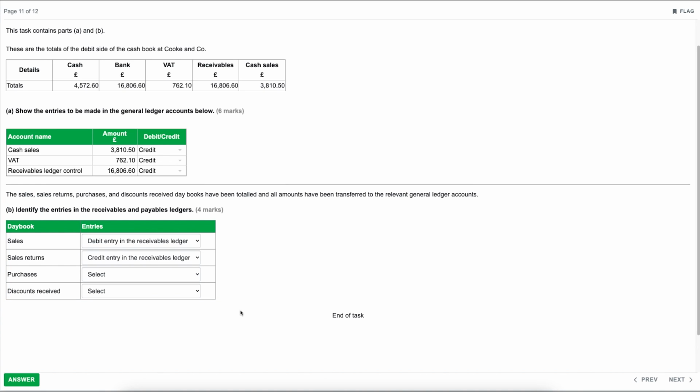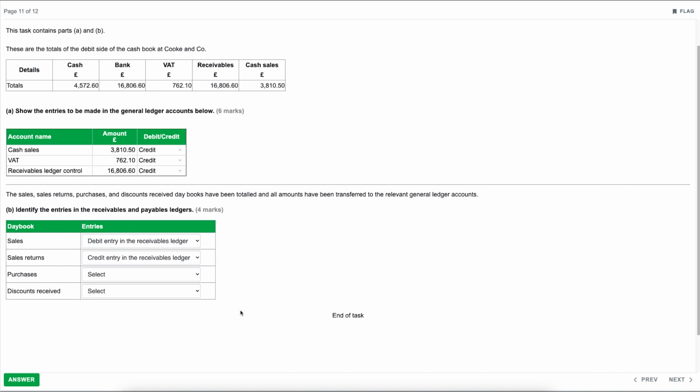Now, purchases and discounts received both relate to the payables ledger. A discount received is something where we, as a business, have been offered a discount for paying early. Discounts received only record prompt payment discounts. They do not record bulk or trade discounts because these would have already been taken off on the invoice.